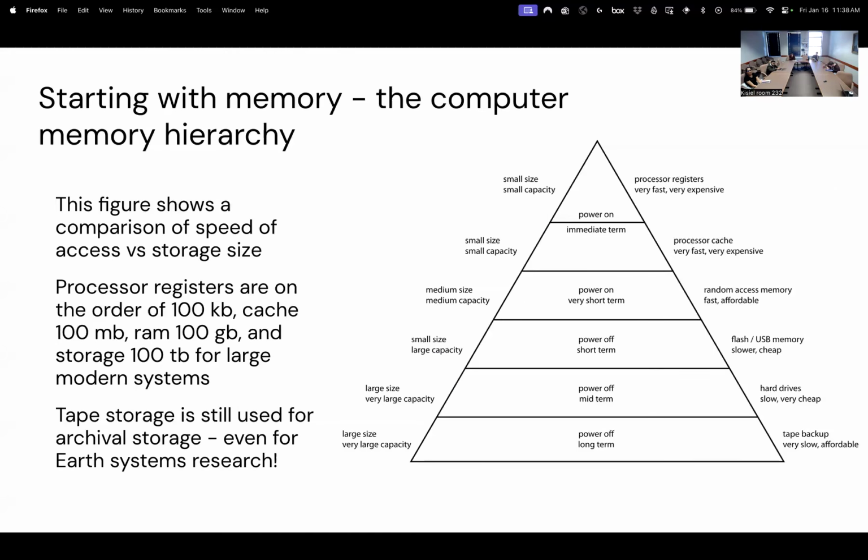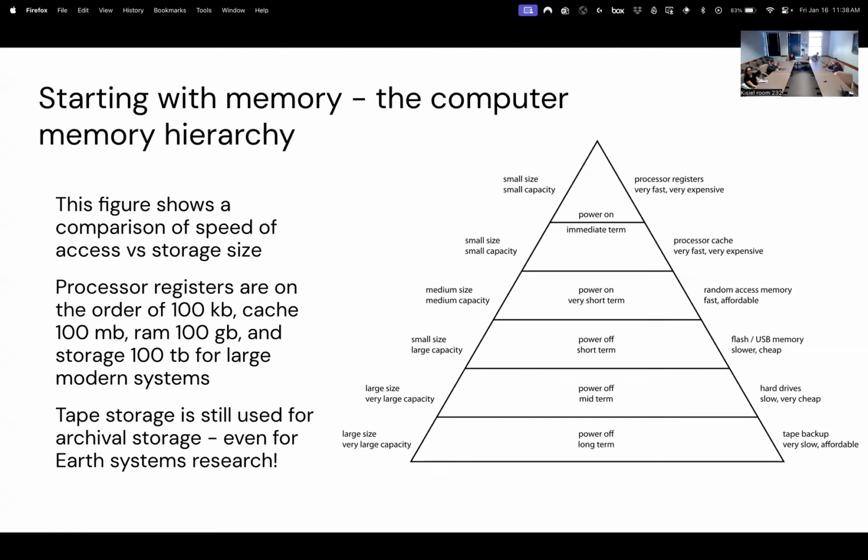So if you're running a simulation with an iterative numerical method, it's going to store as much of that internal calculation on the CPU cache as possible. And those typically are on the order of a few hundred megabytes. They're getting a bit bigger now, and there are different levels, but it's a little bit irrelevant to distinguish between them because you can't control them technically, unless you do very low level programming.